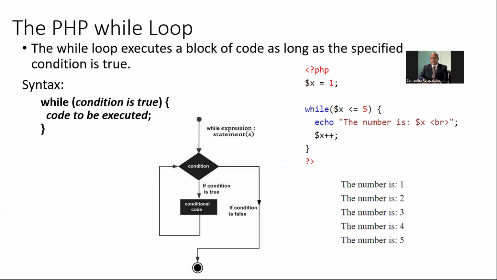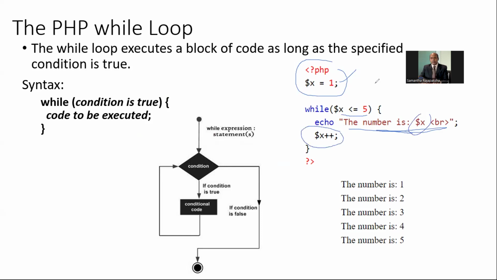As an example given here, I have a variable with a starting value. Now this should be within the PHP code, and the starting value is 1, and there's a condition. I want to run this 5 times. Therefore I write x less than or equal to 5. Then it runs 5 times. So I want to display this message with the variable value here 5 times, and the variable should be incremented by 1.